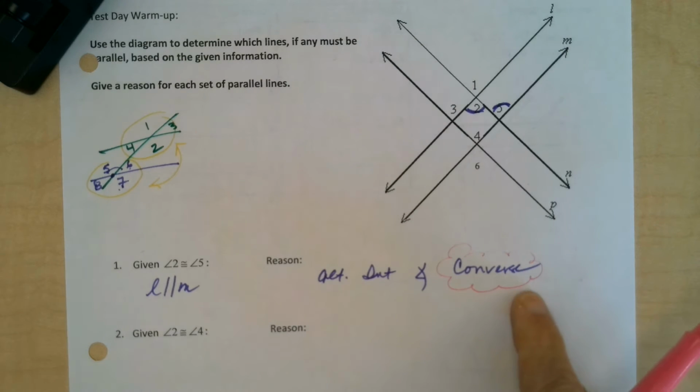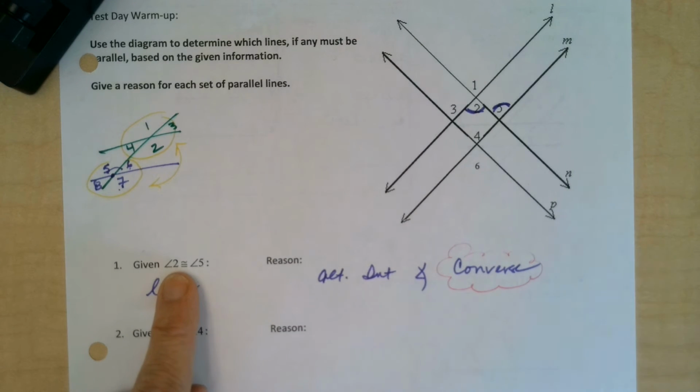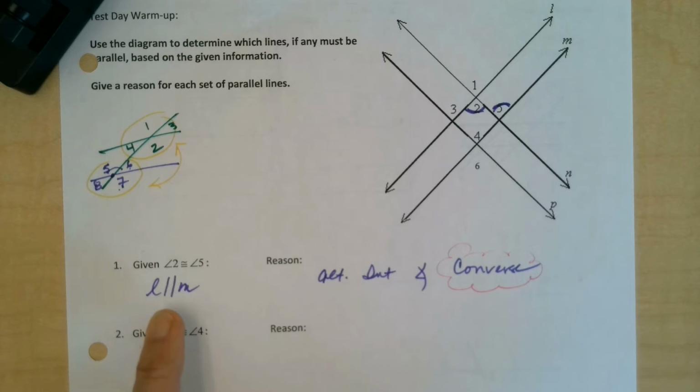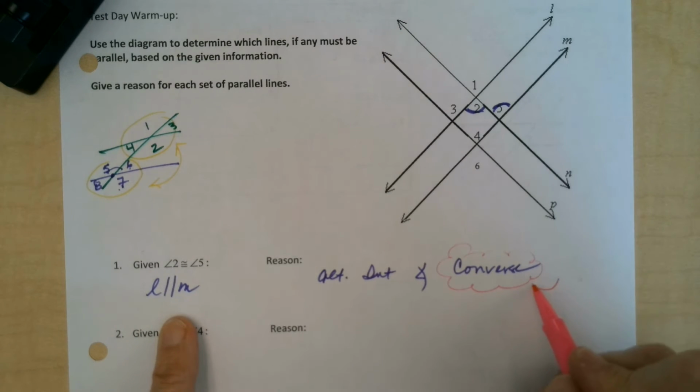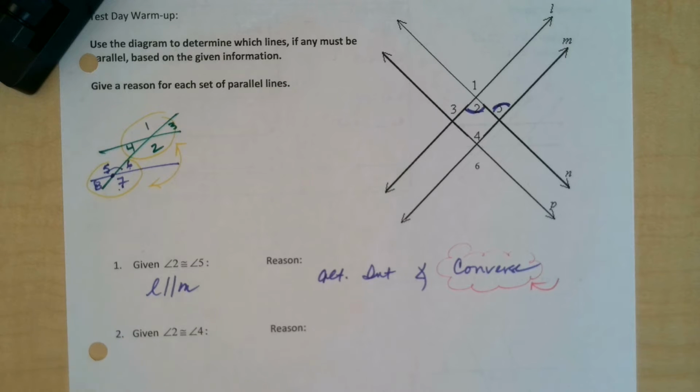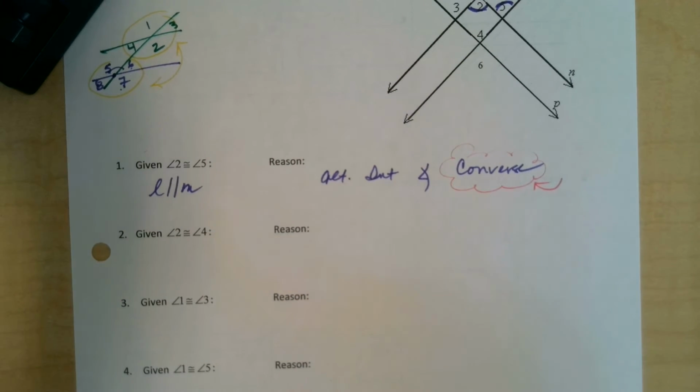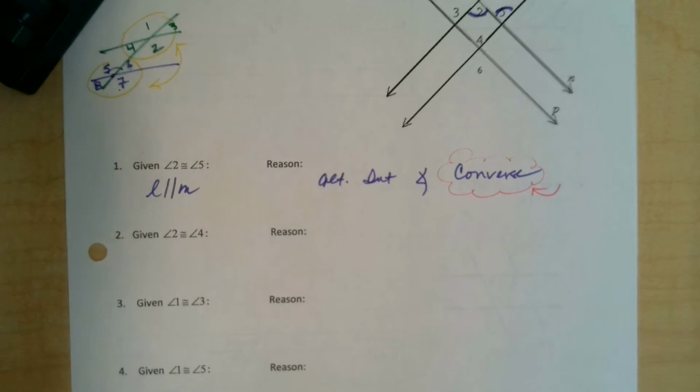And what the converse says is if you're given those fun relationships, then you can go ahead and prove that the lines are parallel. Every single time that you are proving parallel lines, that's when you need the converse. If you're not given them and you're proving them, it's the converse you need.